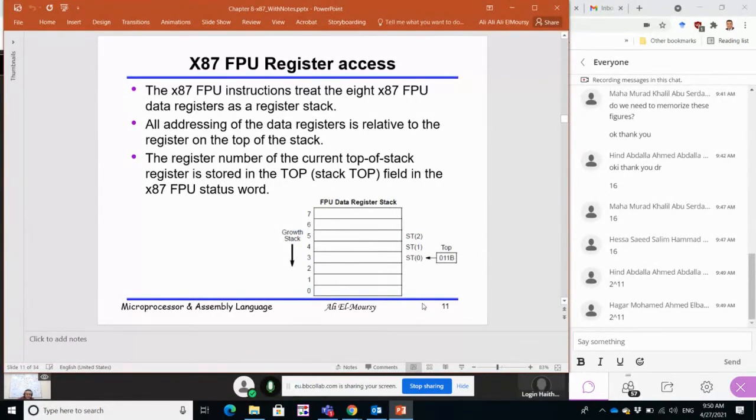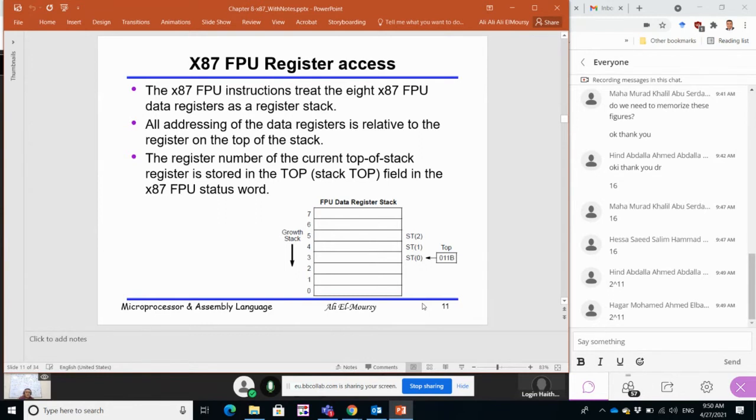This is a bank of registers, actually a stack of registers. So the default way to access the data registers in floating point is as if they are a stack. We all know what a stack is.